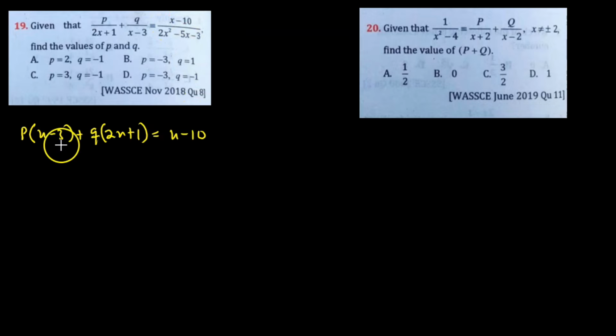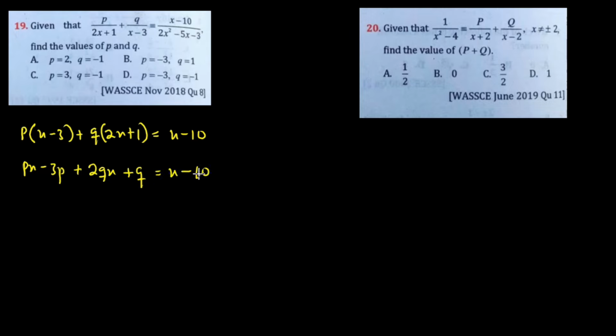So expanding and simplifying, you can choose to use, as I said, the elimination method, whereby you get rid of one variable, P, and then solve for Q, or the other way around. So expanding, I have px minus 3p plus 2qx plus q equal to x minus 10.